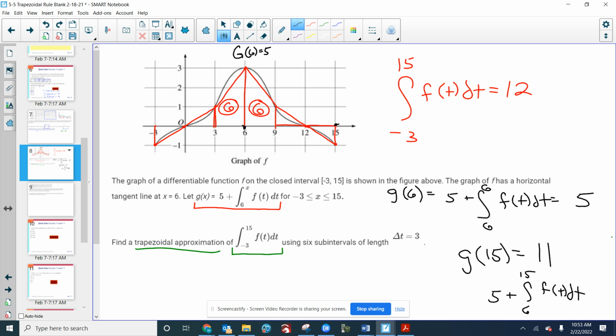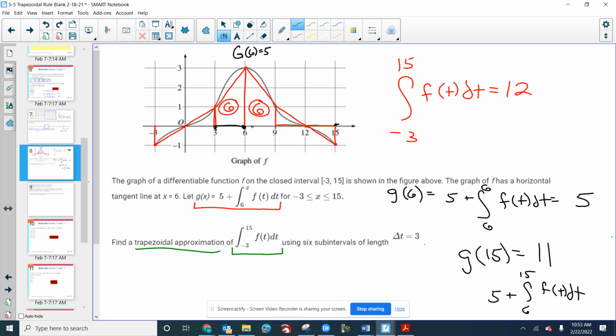What's g of -3? I have to start at 6. What was g of 6? 5. Where am I now? I'm at -1, aren't I? Because think about it. If I knew where I was here, I would add 6 to it to get where I am here.